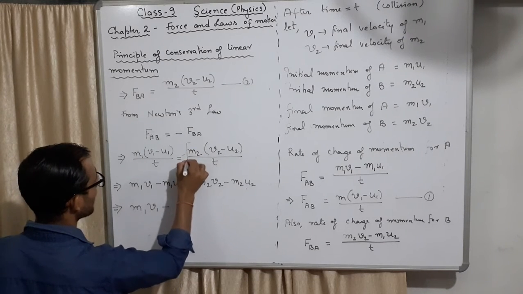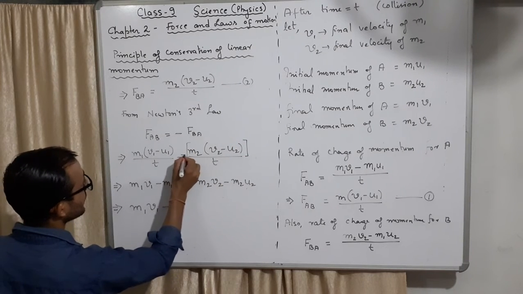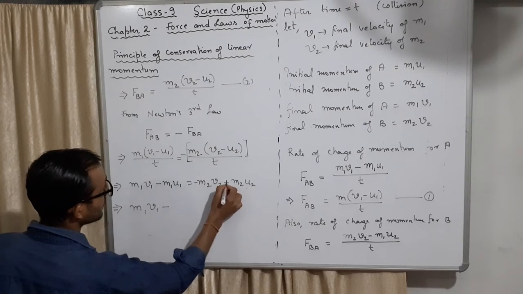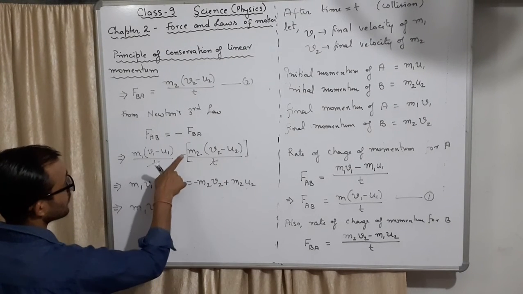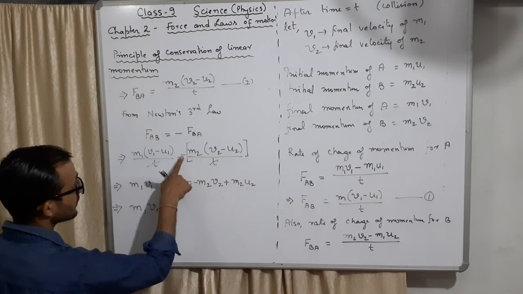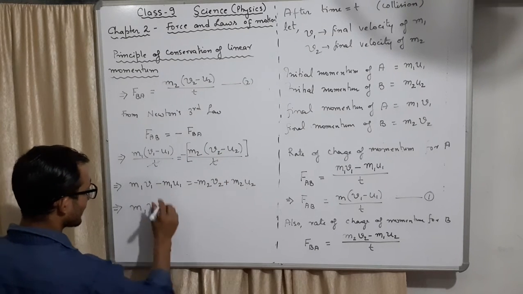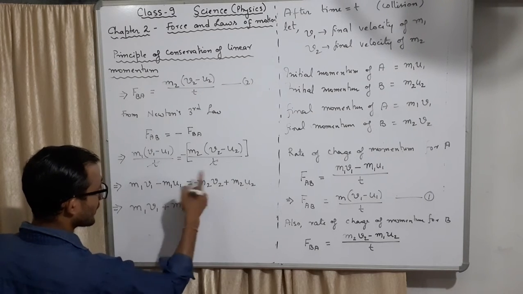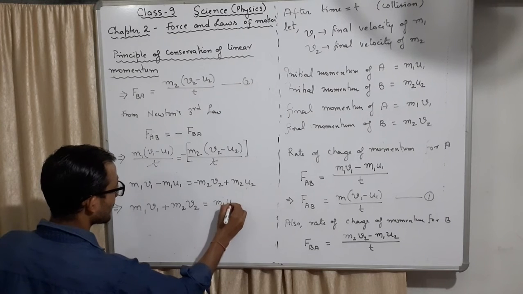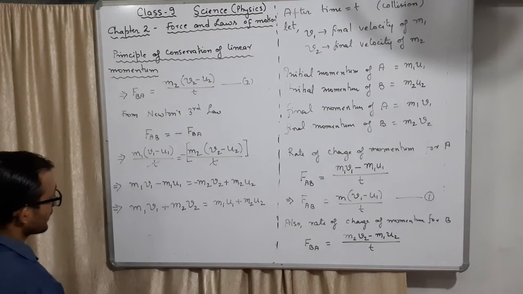This minus sign was there; minus into plus is minus, minus into minus will be plus. So M1 V1 plus M2 V2 equals M1 U1 plus M2 U2. What does this mean?